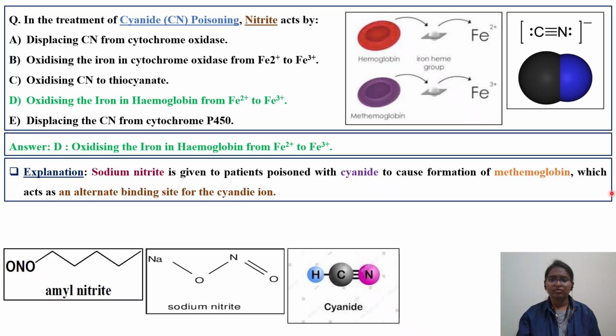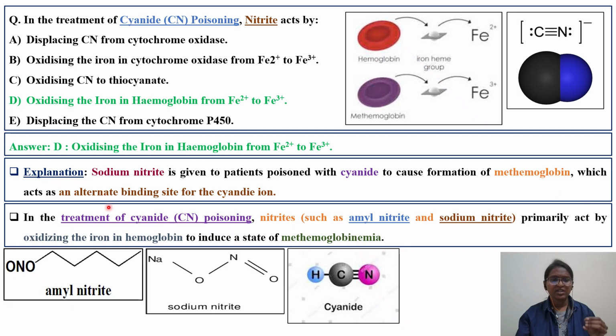Once again, in the treatment of cyanide poisoning, nitrites, amyl nitrite and sodium nitrite, primarily act by oxidizing the iron in hemoglobin to induce a state of methemoglobin. So administration of either amyl nitrite or sodium nitrite will induce a state called methemoglobinemia.